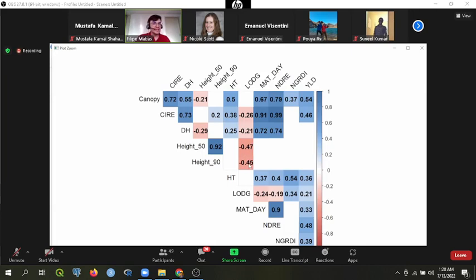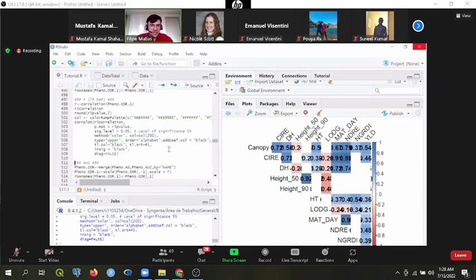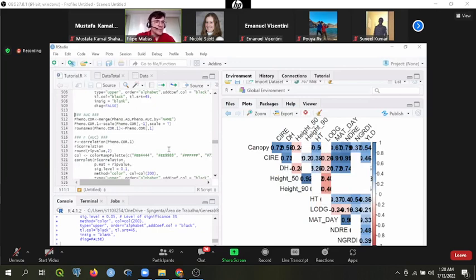That means that the tallest plants that we calculated with the index had the lower value for lodging because they were negatively correlated. Okay. Just keep this in mind for when we start to talk about lodging in a moment.